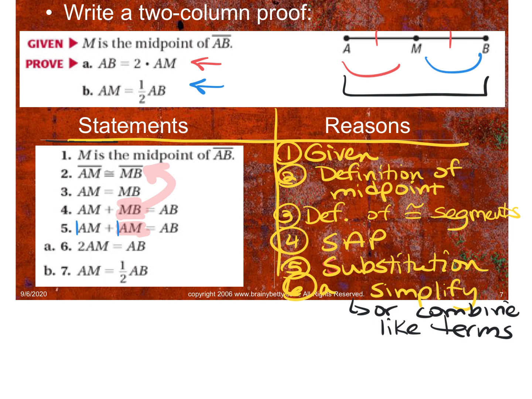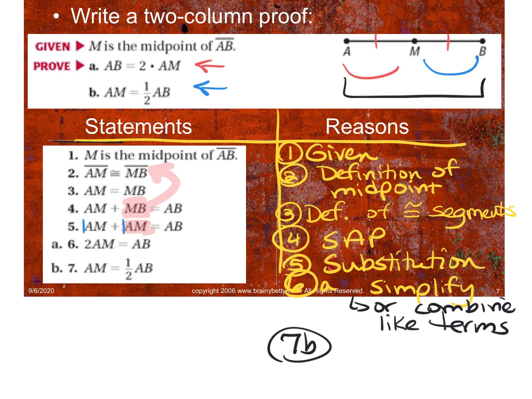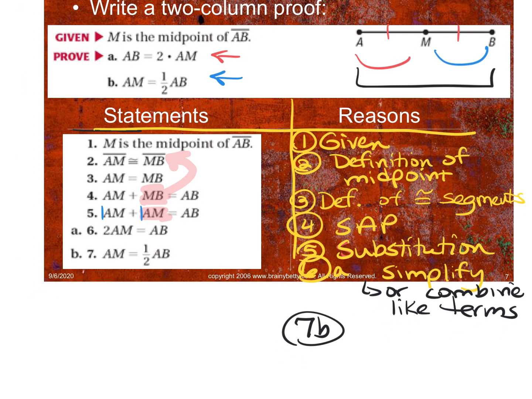And then for the last one, step 7, all they did here was take step 6 and divide both sides by 2. So once you divided this by 2 and this by 2, that's how they got the 1/2 AB.